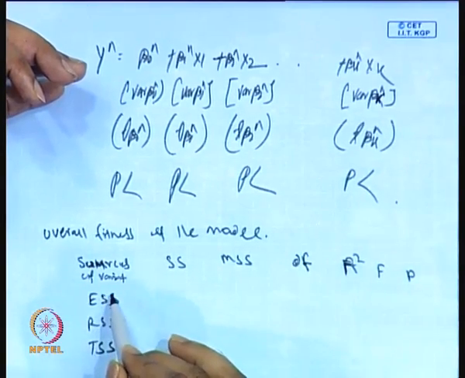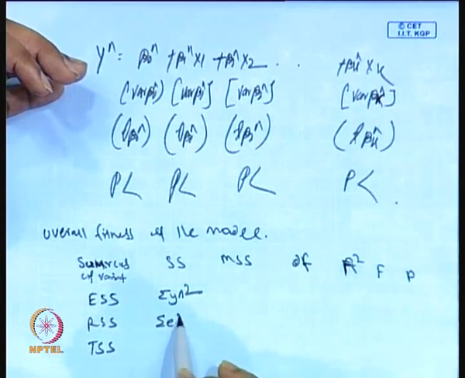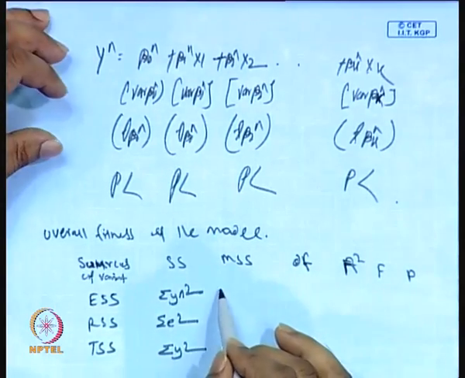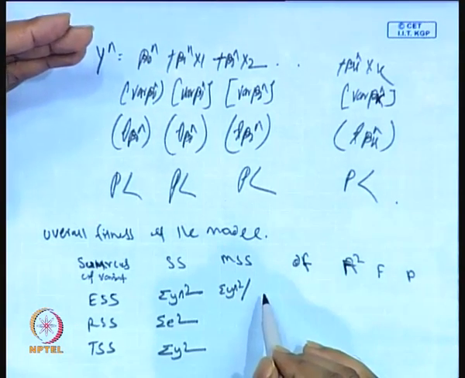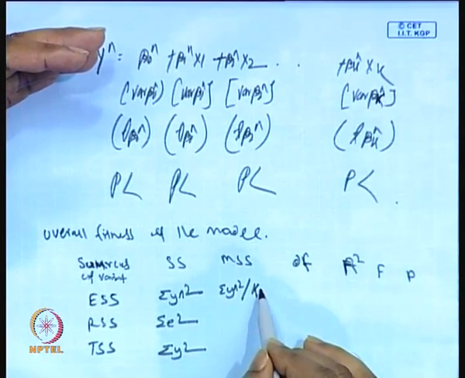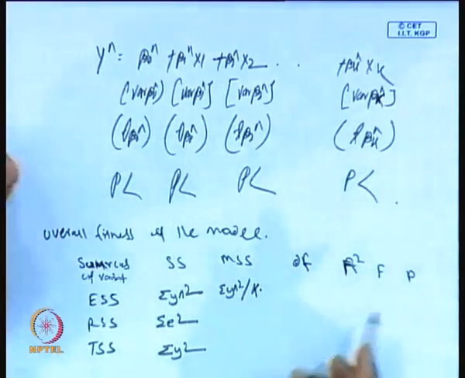So this is otherwise called summation y hat square, this is summation e square, this is summation y square. Obviously this is summation y hat square by k minus 1 here. So if it is k, then obviously k minus 1 equals 0, so there will be some gap here.